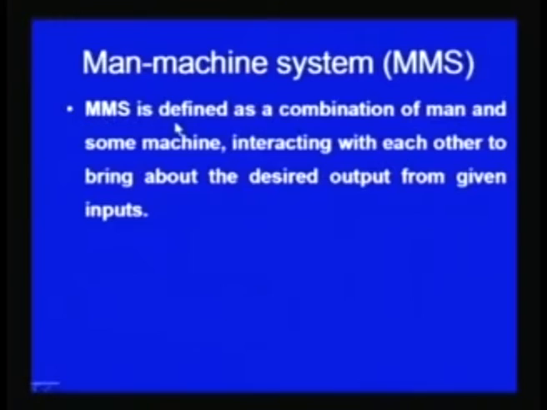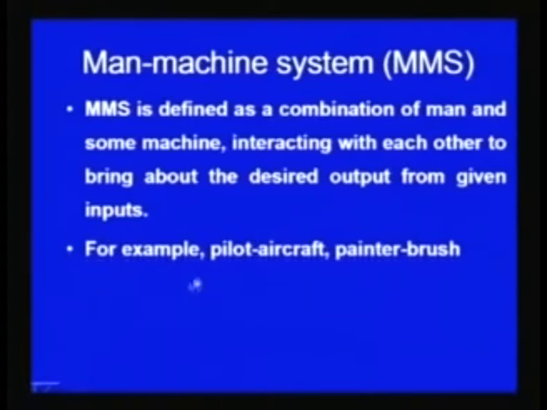The man machine system is defined as a combination of the man and some machines interacting with each other to bring about the desired output from given inputs. For example, a pilot is driving an aircraft to get the desired output of transporting people from one place to another, or a painter is handling the brush in a controlled manner so that he is able to come up with the kind of drawings or designs which he wants to put on the paper.